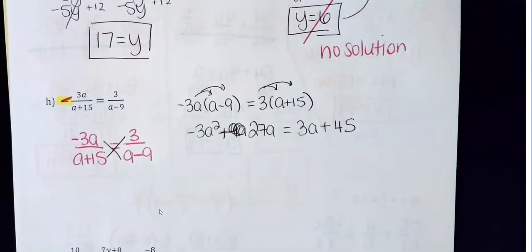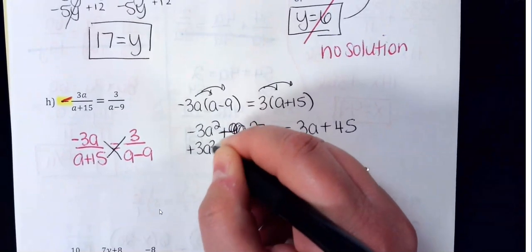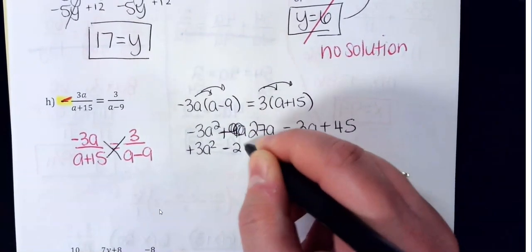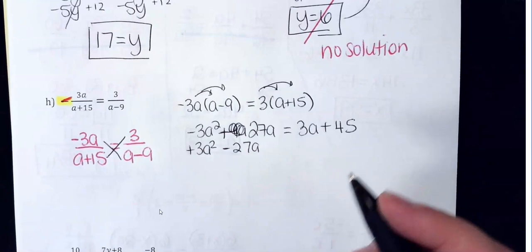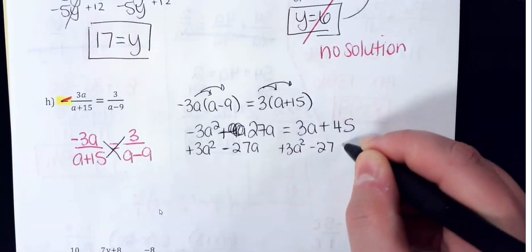All right, now, if it's me, I'm going to try and factor this. If you want to try and factor it, you want your squared term to be positive. So in this situation, to set this equal to 0, what I would do, let's add the 3a squared, and then I would subtract the 27a to the other side. So I'm going to add 3a squared, subtract 27a to this other side.